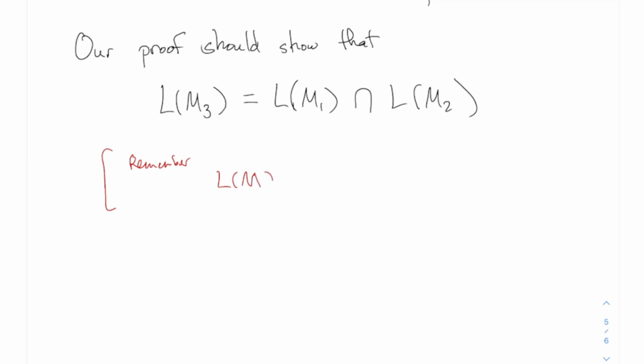what's the set theory definition of L of M, the language of a machine? Does anyone remember this? It was slightly complicated. It's the set of all strings X such that there's a delta thing in there.